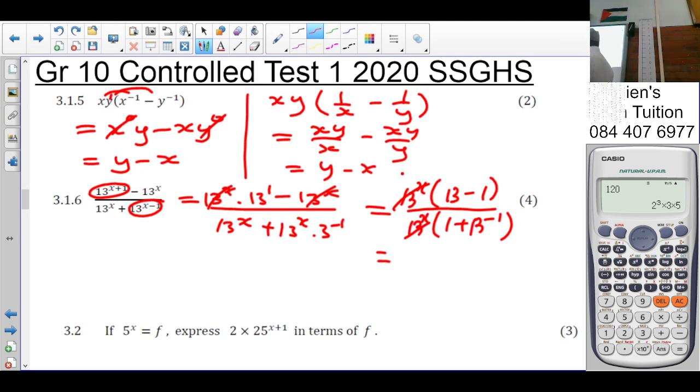13, okay. I'm going to get there. Making a mistake there. 13 minus 1 is 12 over 1 plus 1 over 13, which is 14 over 13. Okay? So it's 12 divided by 14 over 13, which gets multiplied by 13 over 14.